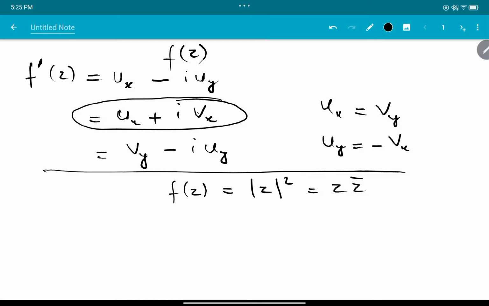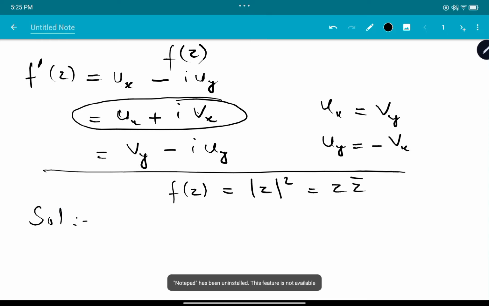We will examine whether this function is differentiable at some point, and then whether it is differentiable in the neighborhood of that point as well. Let us see. The question may come like this: examine the analytic nature of this function.